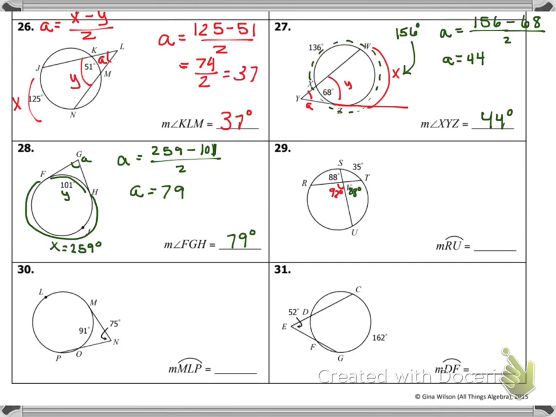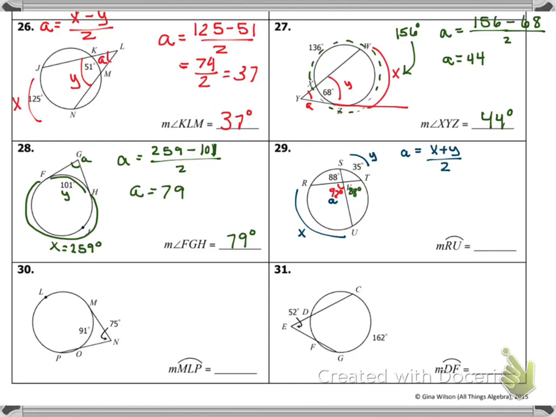Now, if I remember my formula for this from the last video, or maybe it was a few videos ago by now. If I'm looking for angle A on the inside here, and this has a measure of x, and this has a measure of y, A is going to equal the average of those.